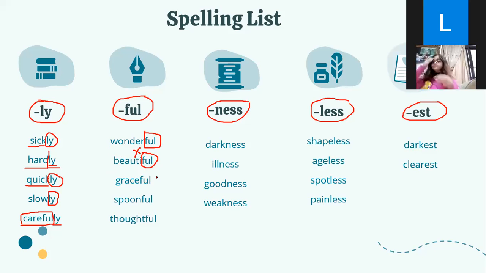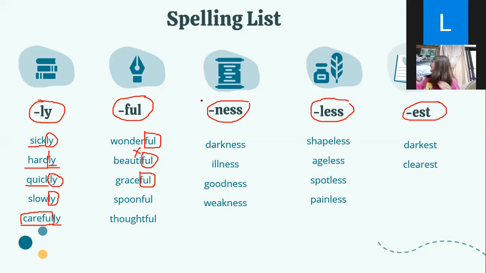Graceful. For example, Amal is always elegant and stylish. She wears beautiful dresses. Or a man, we can say that he wears beautiful clothes, so he's graceful. The main word is grace, and when I add ful to it, it becomes graceful. Spoonful, for example, please add a spoonful of rice.